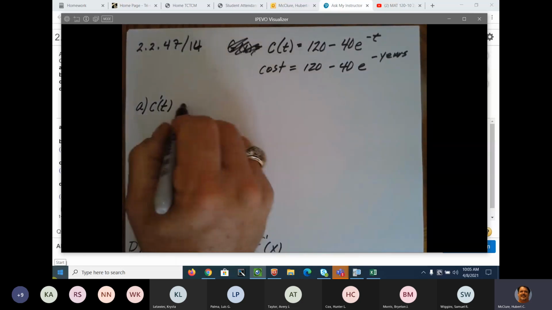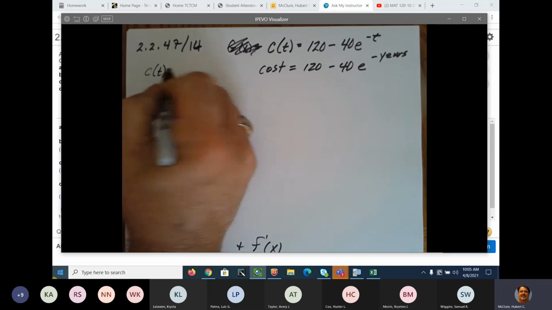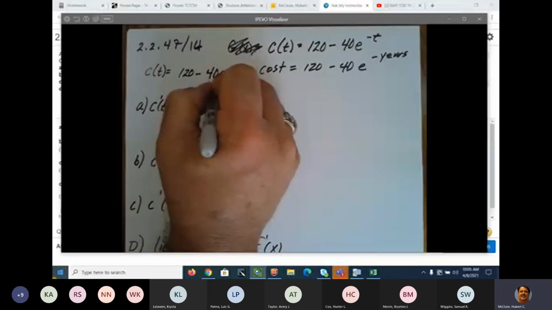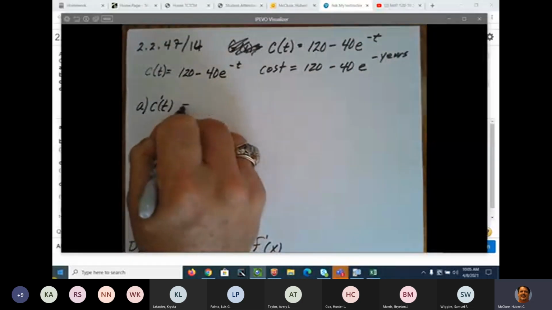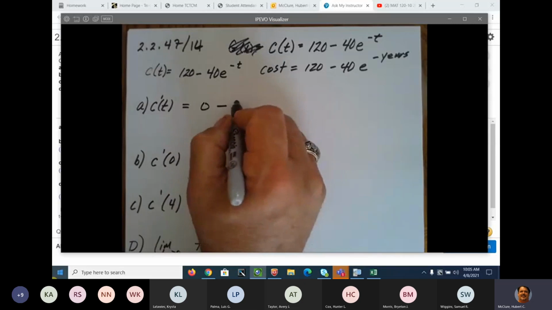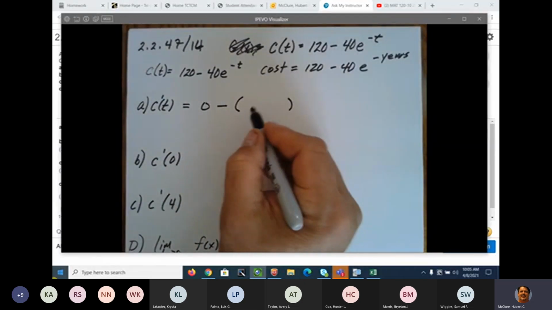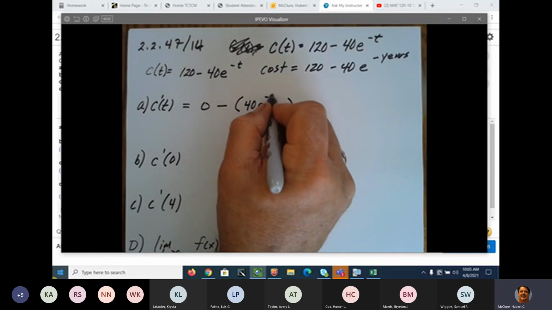C prime of t. Well, C of t is equal to 120 minus 40 e to the negative t. So C prime of t would be 0 minus, and I'm going to do the derivative. So that's going to be 40 e to the negative t.